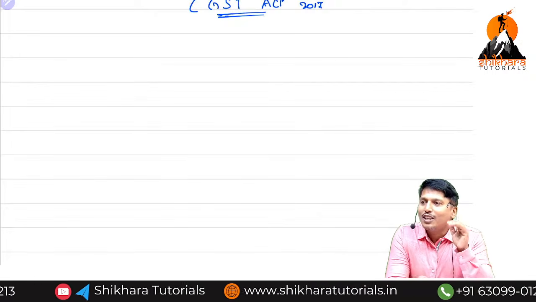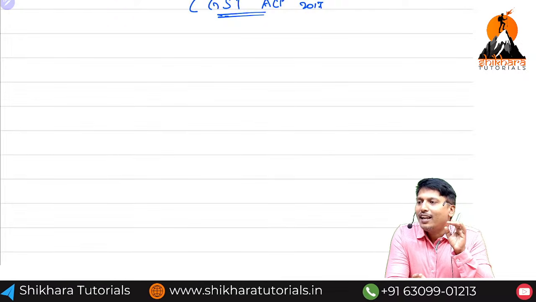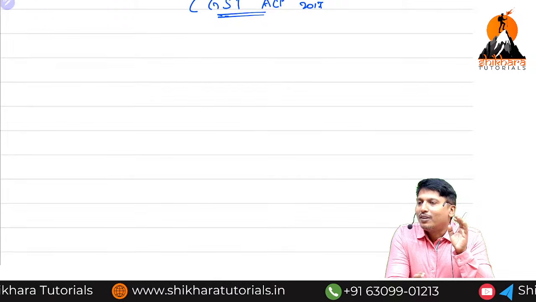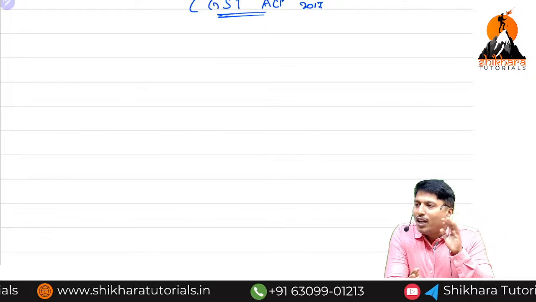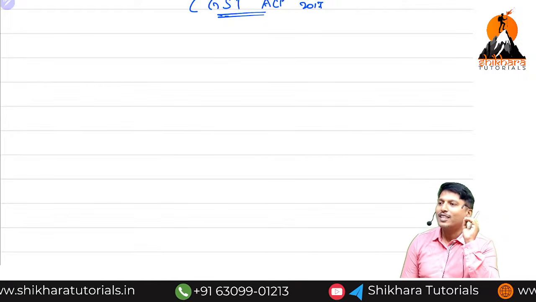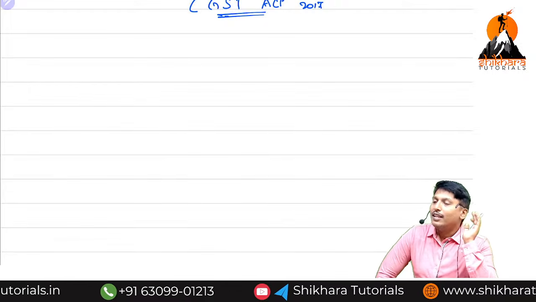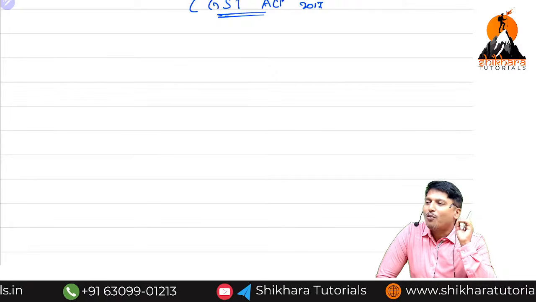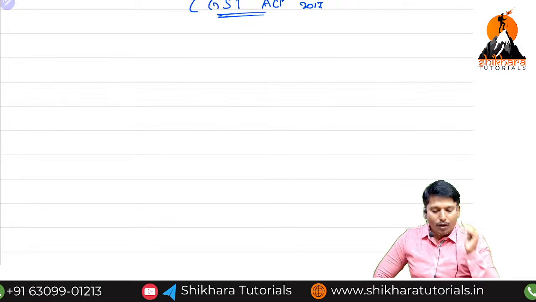Rest of all the chapters are from the CGST Act only. Until I inform you, all the sections are from the CGST Act. Only when we start the place of supply chapter will we discuss the IGST Act. So in GST, sections are very, very important. Remember that.